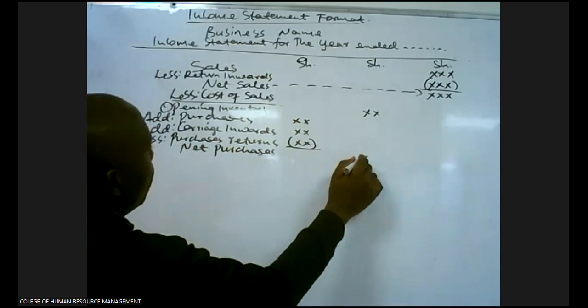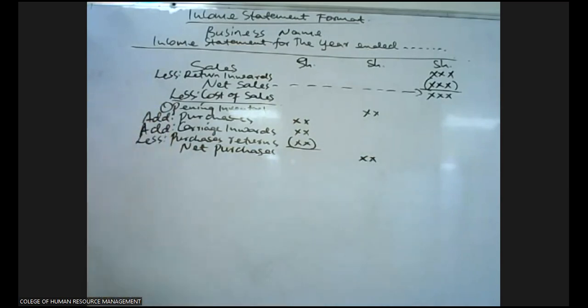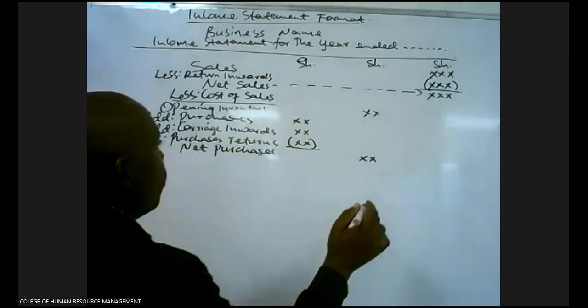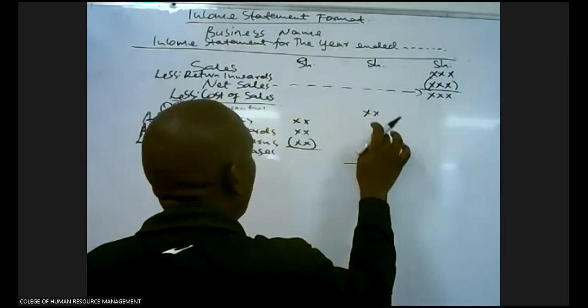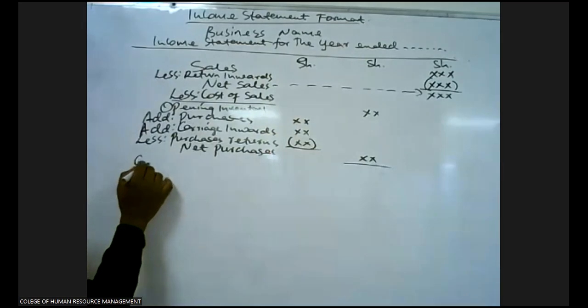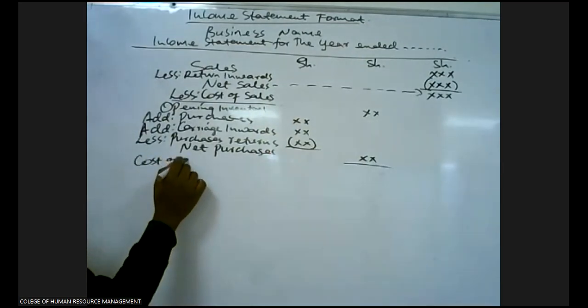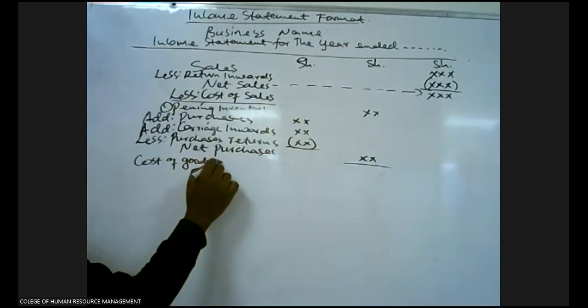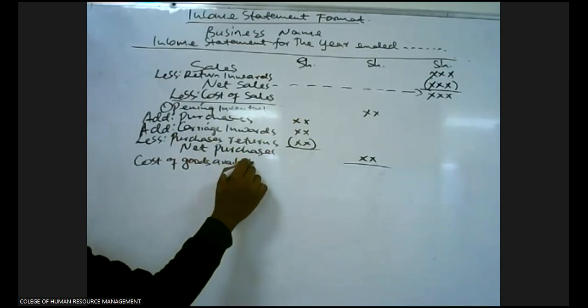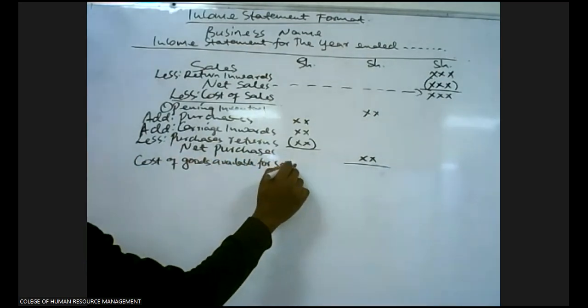Our net purchases come there. So that now opening stock plus the net purchases gives you what we call cost of goods available for sale.